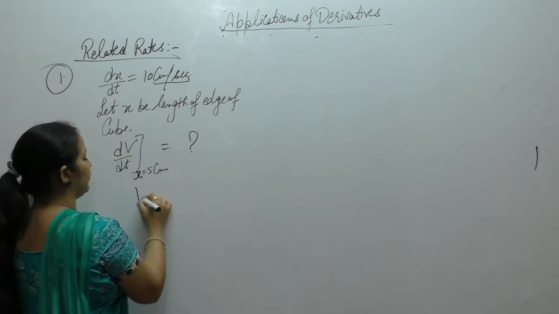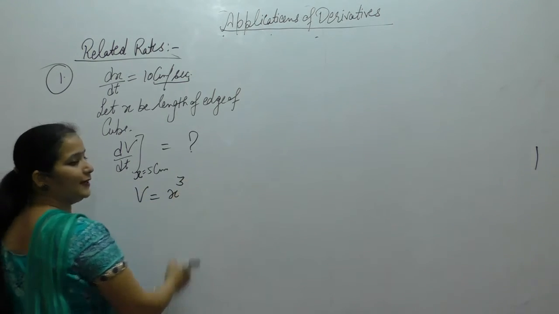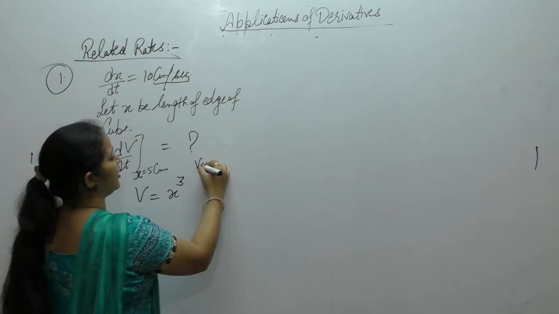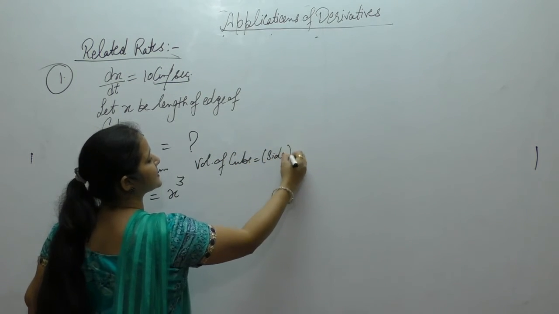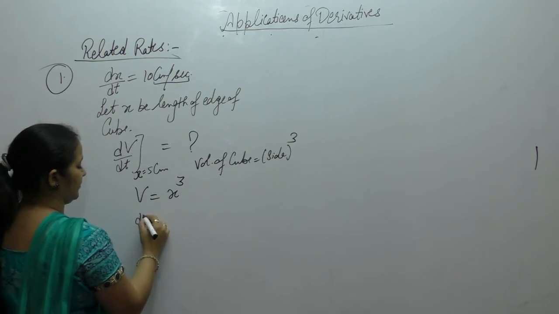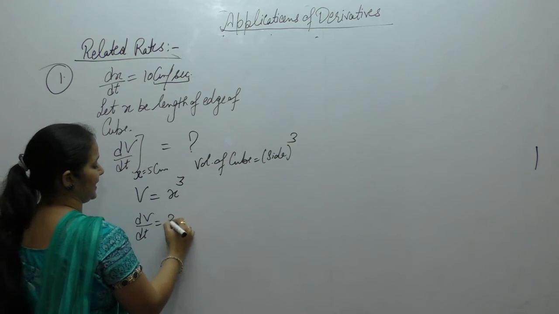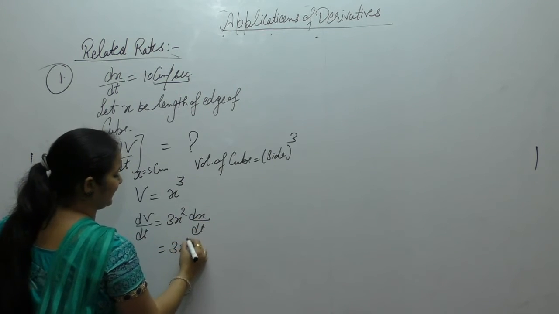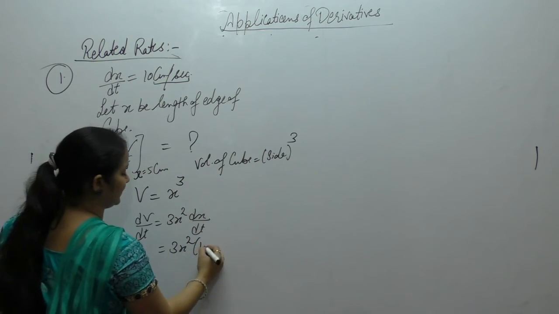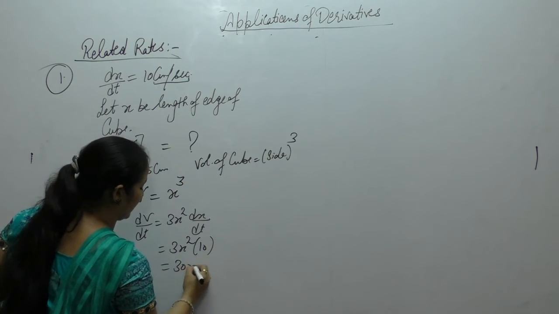Now we know the volume of a cube is side cube, and the side we have taken as x. Now differentiate with respect to t. 3x² dx/dt. The value of dx/dt is given as 10. So 30x².